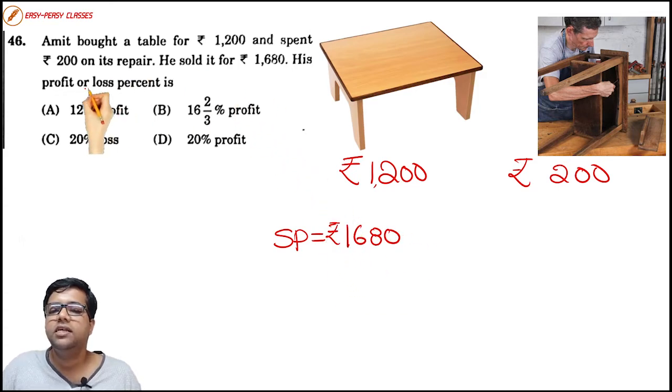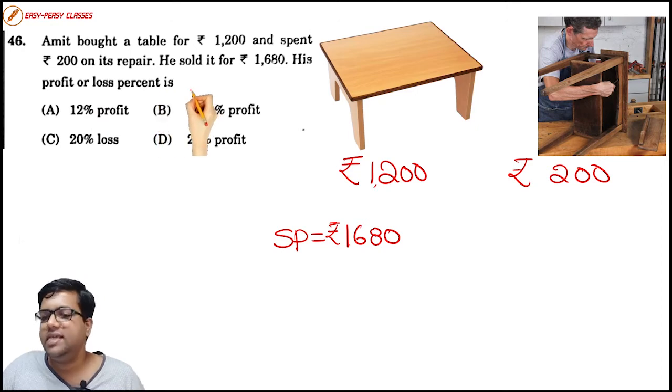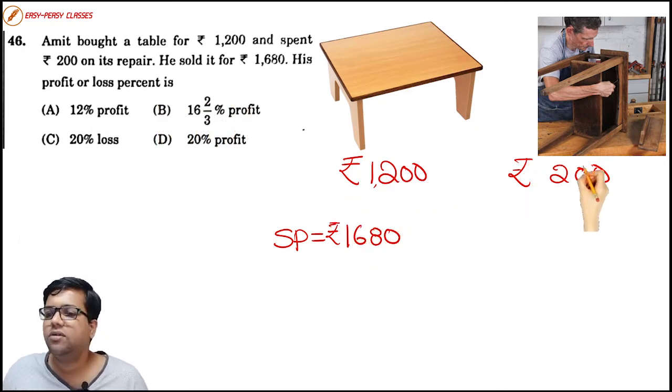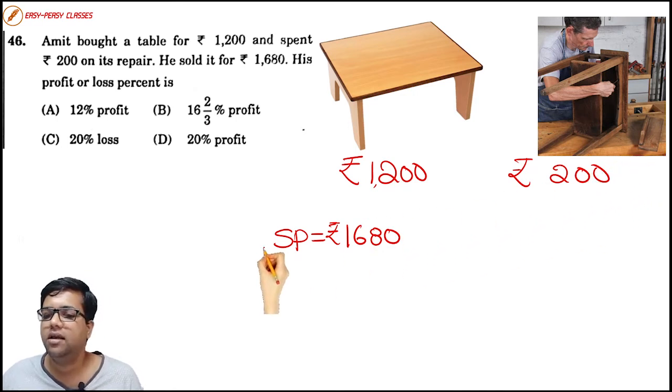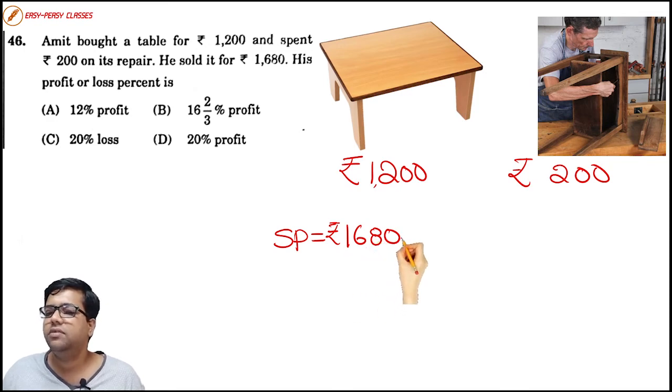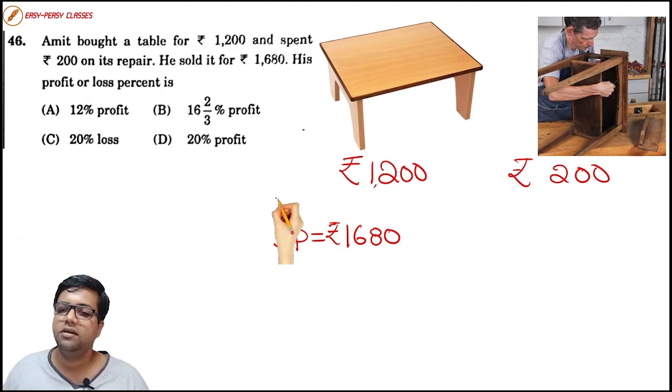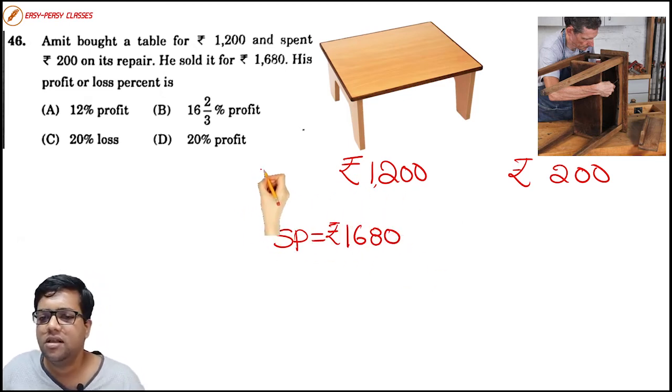They are asking us to find his profit or loss percent. He bought it at a certain cost, made some expenditure for repair work, and sold that furniture for some price. Did he make a profit or a loss, and what is the percentage? Very simple.